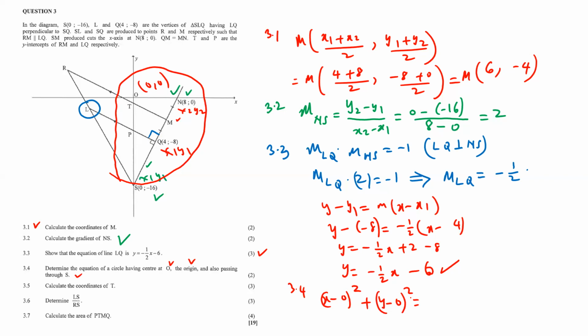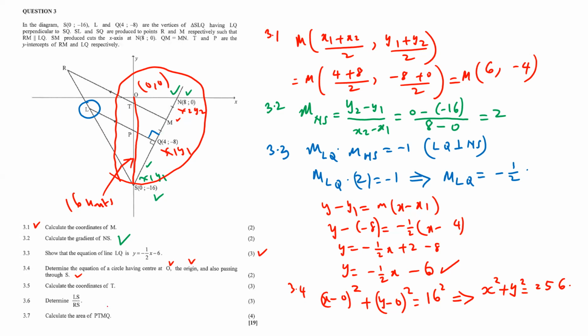Now you continue and realize that the distance is like the radius. The distance from the center to that is 16 units, so it is 16 squared. So what is the answer to this? 256. So the equation is x squared plus y squared is 256. So that is the equation.